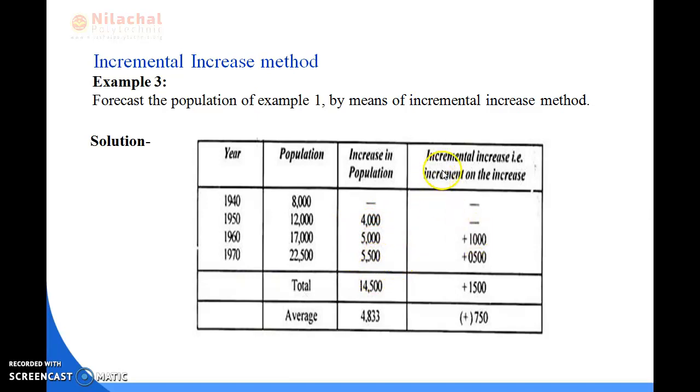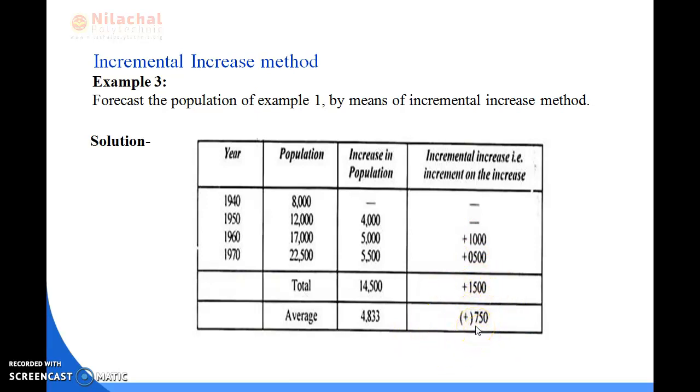While subtracting in the incremental increase method, x2 minus x1, 5,000 minus 4,000, we get 1,000, and x3 minus x2, 5,500 minus 5,000, we get 500. After adding these, we get a total of 1,500 divided by 2. Taking the average, we get 750.